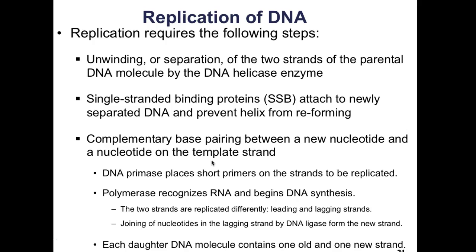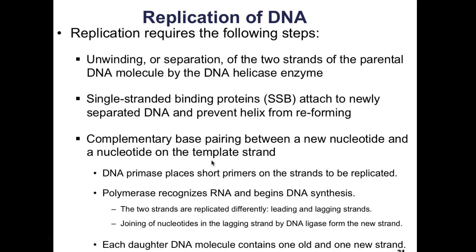Following the rules of complementary base pairing, remember A with T and C with G, between nucleotide and nucleotide on a template strand, the DNA primase places a short primer on the strands to be replicated. So DNA primase is the primer that is going to indicate where replication should begin.